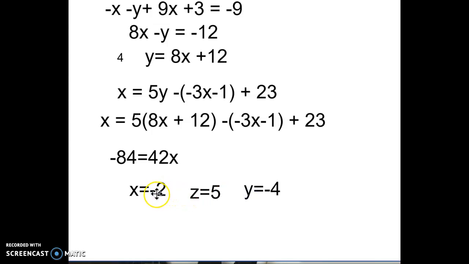So I end up with x as negative 2, z as 5, and y as negative 4. I'm going to move those around to alphabetical order and rewrite my solution as negative 2, negative 4, and 5. Thank you very much for your time.